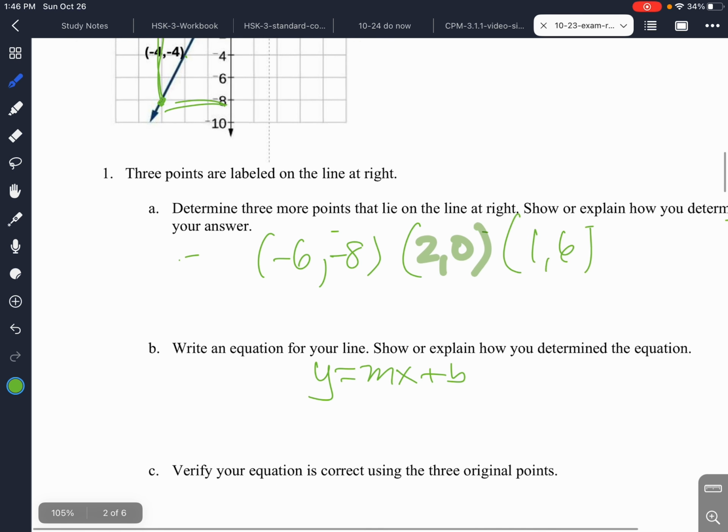Or if you didn't know that, you can just find some points. Now, I did this in class also. If you want to do a table, you can say, okay, I know when x is 0, y is -4. Now I'm going to pick some numbers. I'm going to pick 3 because if I multiply 2/3 times 3, I will not have a fraction.